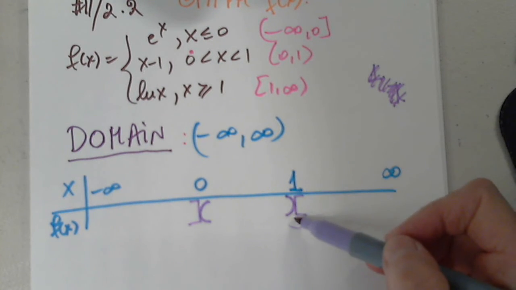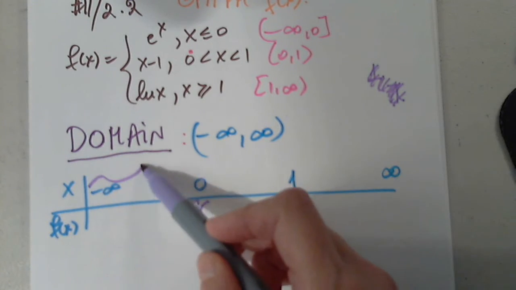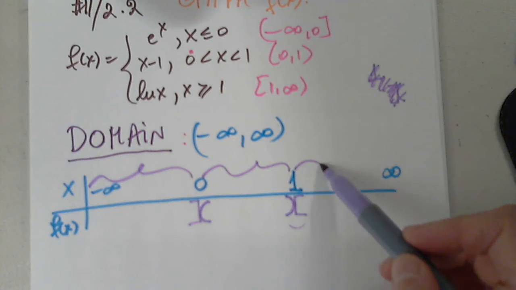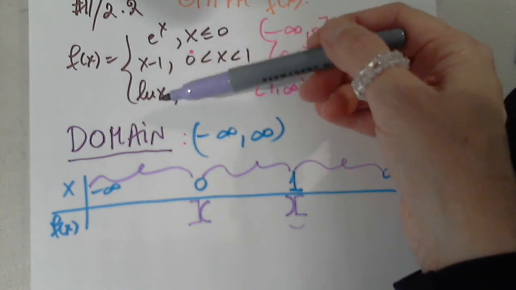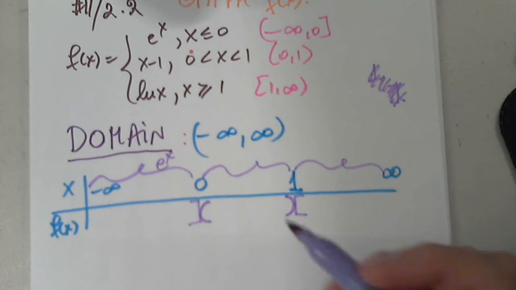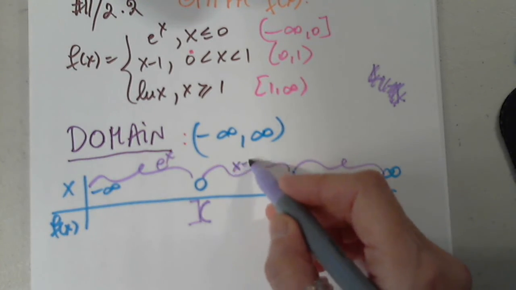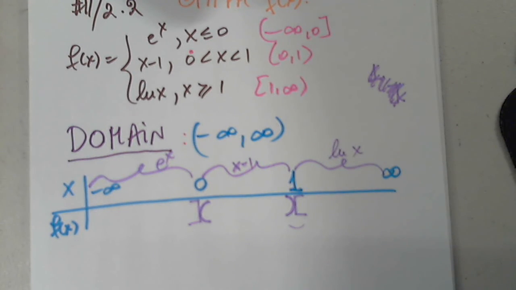So the symbols are immediately under 1 and immediately under 0. I know you're going to say that this is an overkill, but functions are not always presented in the correct and nice order. To the left of 0, I will be using this. Between 0 and 1, I will be using this. And to the right-hand side of 1, I will be using that function.